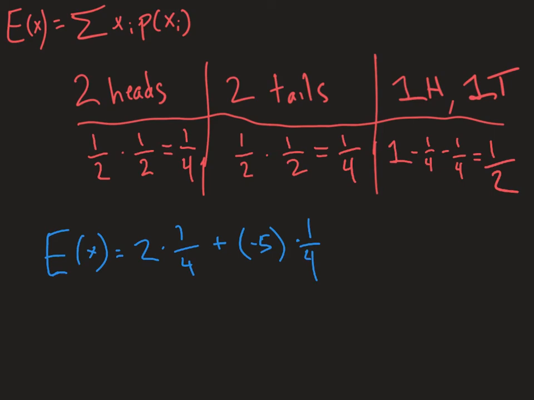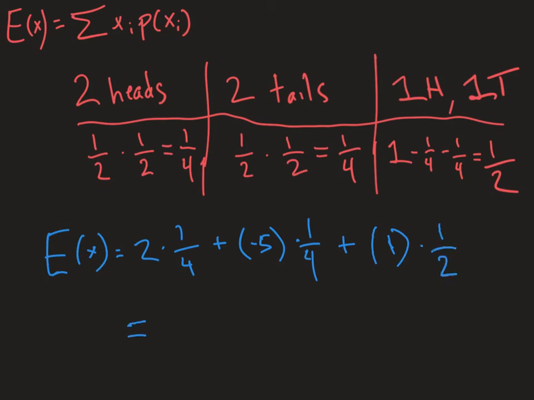And finally, we'll add the third outcome, which is 1 head and 1 tail. He's not going to lose any money because he did flip 1 head. And that means that he's going to get $1 for that 1 head that he flipped. So the value is 1. And we multiply it by the probability of this outcome, which is 1/2.